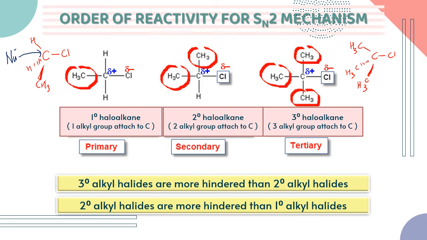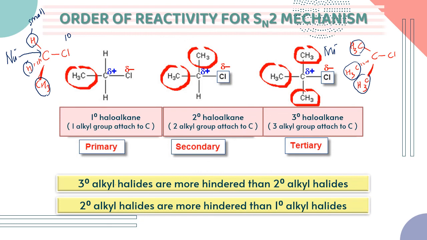Sebab apa dia senang nak attack kita punya primary haloalkane dekat sini? This is because primary haloalkane dekat sini, okay, ada satu sahaja alkyl group and these two hydrogen adalah small. Okay, jadi banyak ruang untuk nucleophile attack. Okay, tapi kalau untuk tertiary haloalkane, ketiga-tiga dekat sini adalah alkyl group.